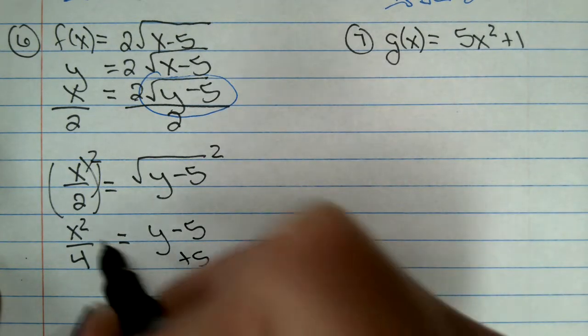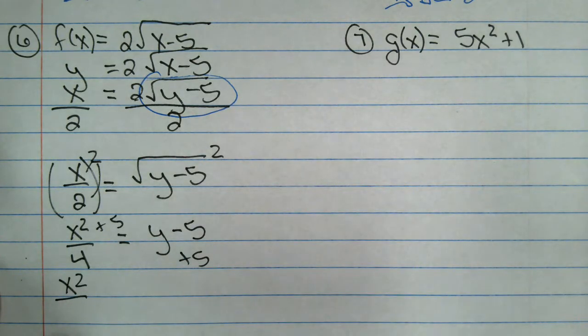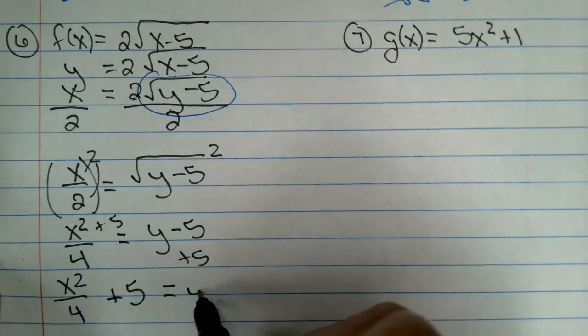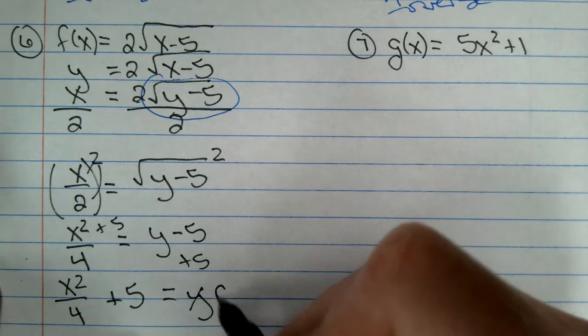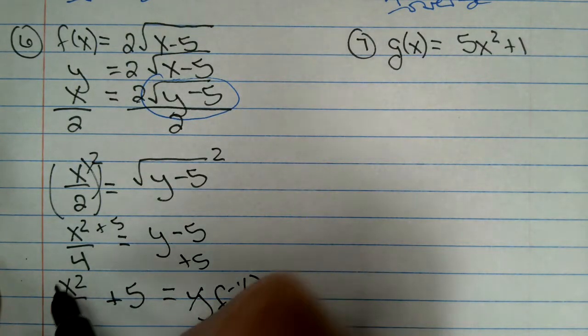And then I would add 5 to both sides. You get x squared divided by 4 plus 5 equals y. And then let's switch this out for inverse function notation.